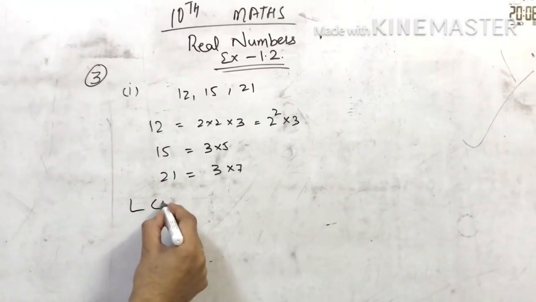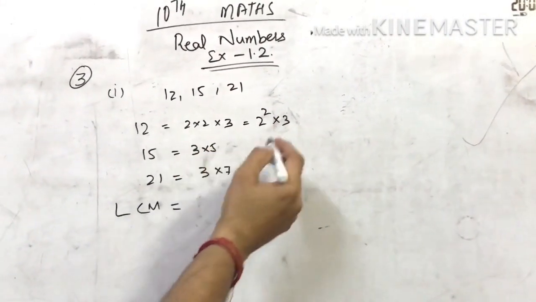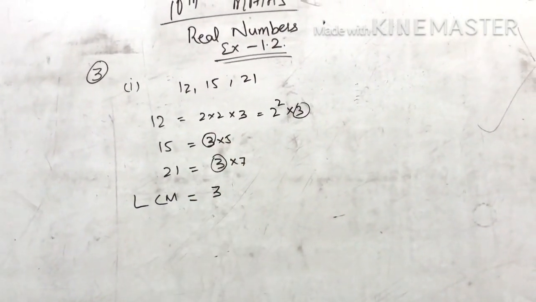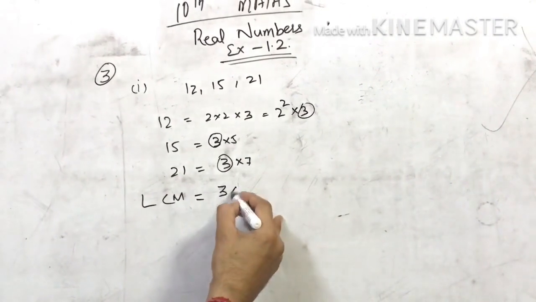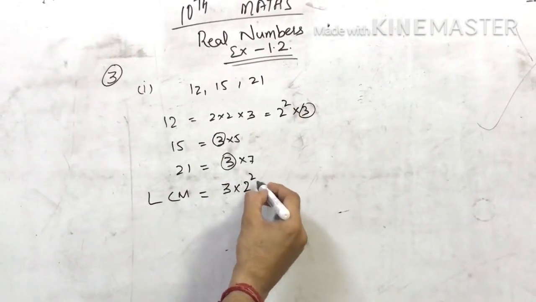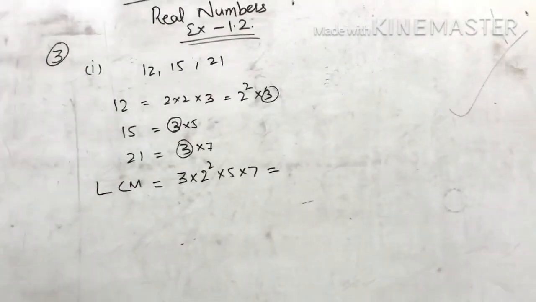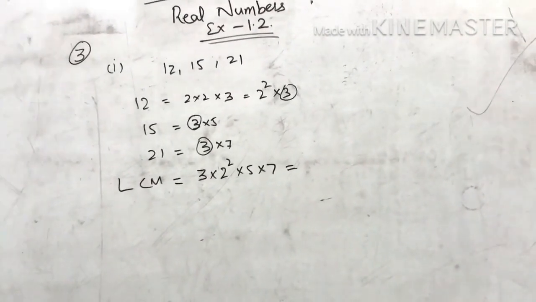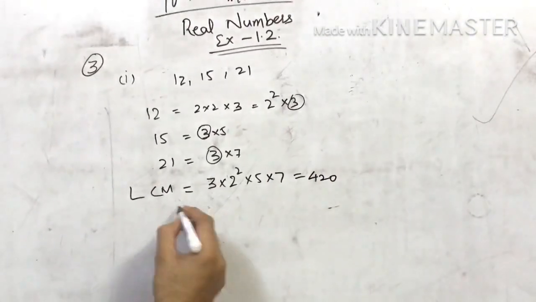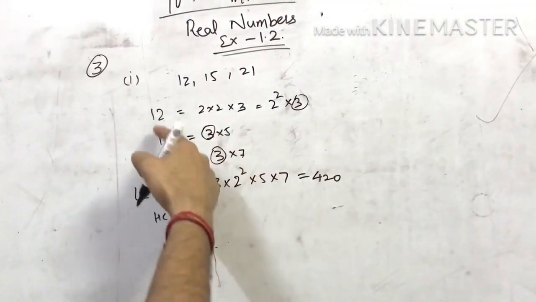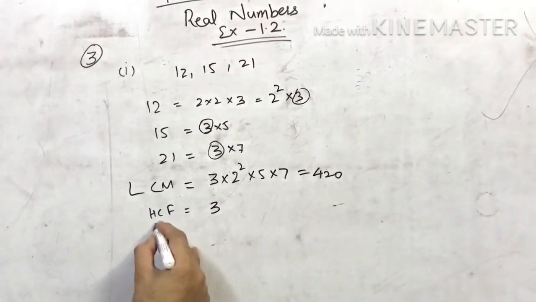So as far as LCM is concerned, the same number is 3. So you can use one 3 over here. Maximum power of 2 is 2. Then other numbers are 5 and 7. You multiply all these numbers, you will get the LCM. For HCF, you have to see which number is common in all the factors, that is 3. So HCF will be 3.